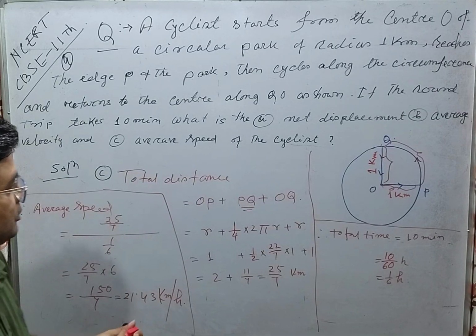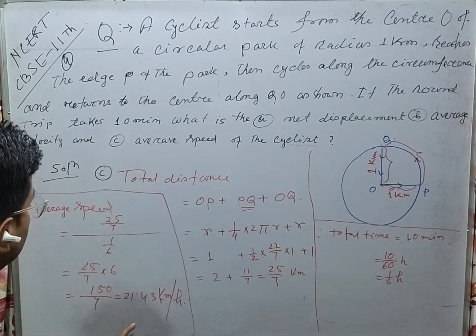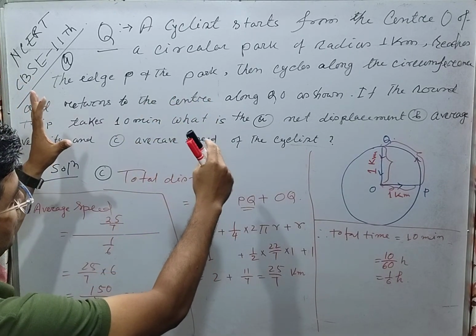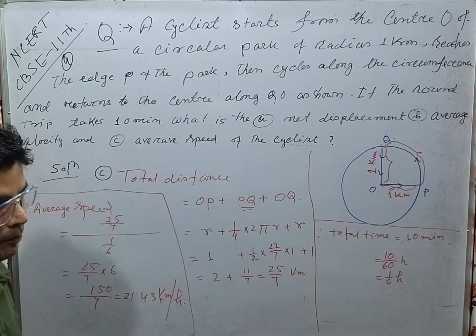This is the average speed of the cyclist. This is the solution of this numerical of the chapter motion in a plane, question number 9.